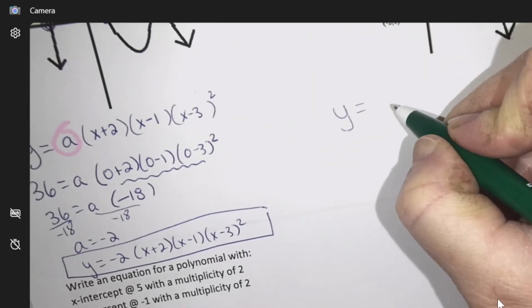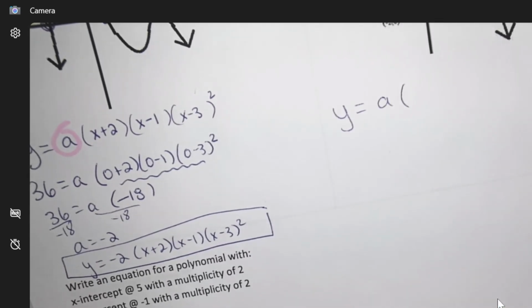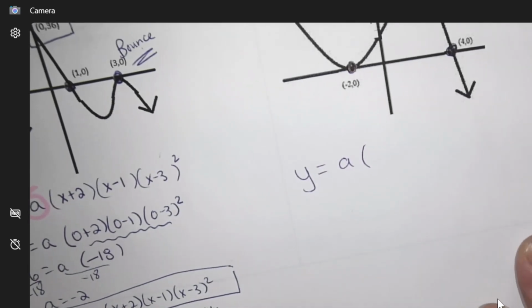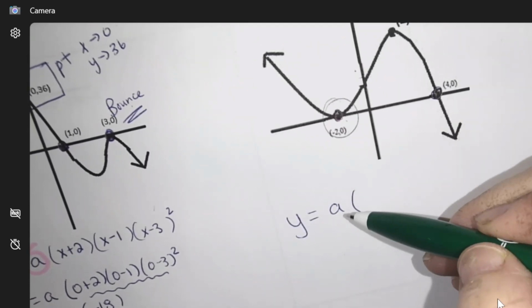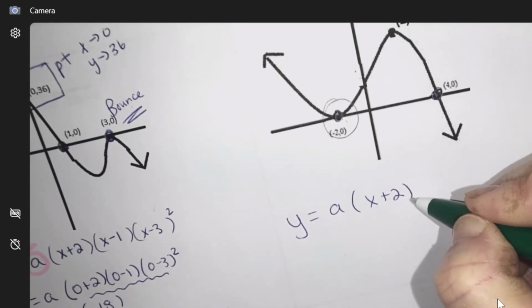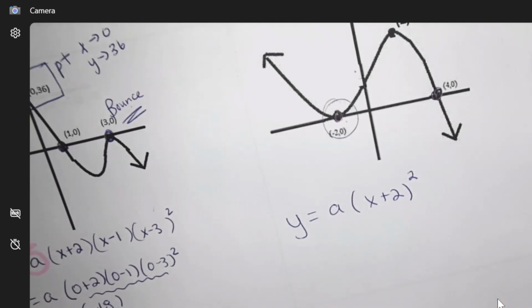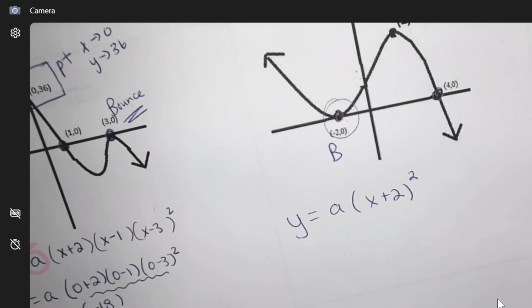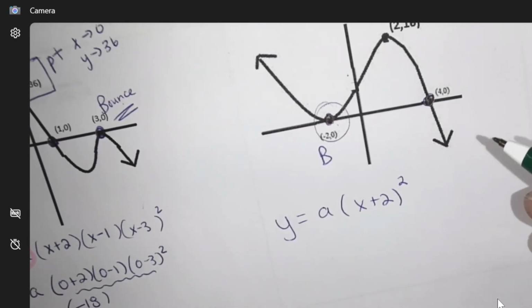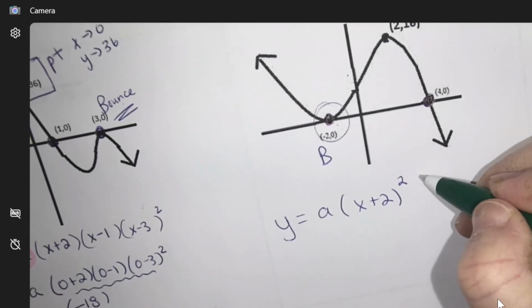Okay, y equals a. Okay, so we have -2, so x plus 2, but there was a bounce on that one. There was a bounce happening there. And then we cross at 4.